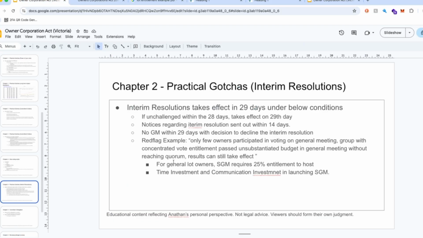So that's what I want to highlight, right? Because this is really important for all the owners.